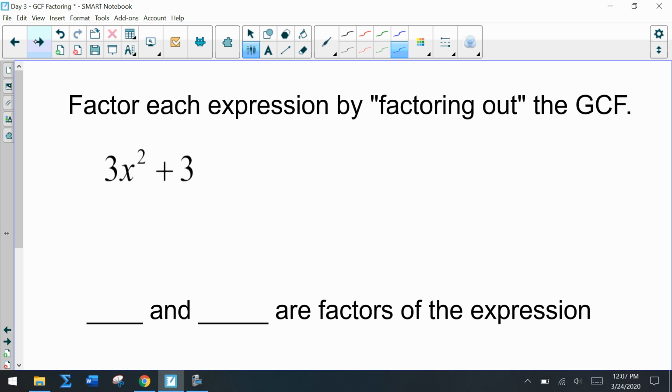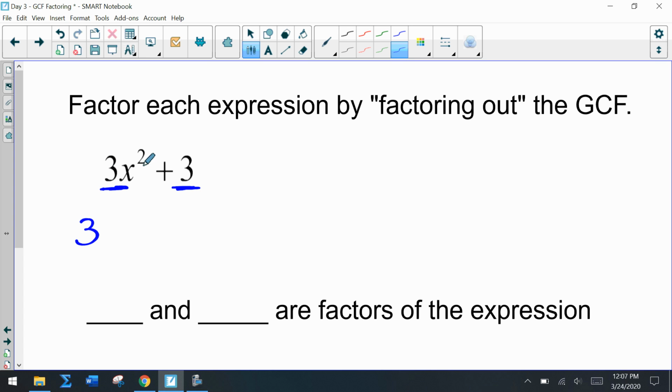So if we look at this, ask yourself if it's a binomial, trinomial, or monomial. And we have a binomial here. So looking at this first term, we have 3x squared. The second term, we have a 3. So what is the greatest common factor between 3x squared and 3? And if you said 3, you are correct.